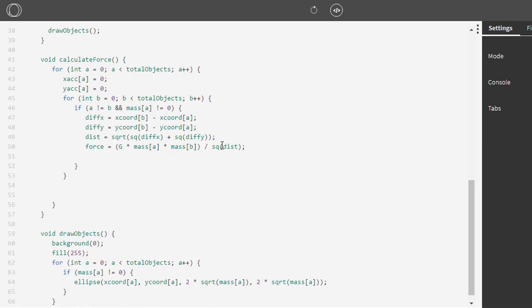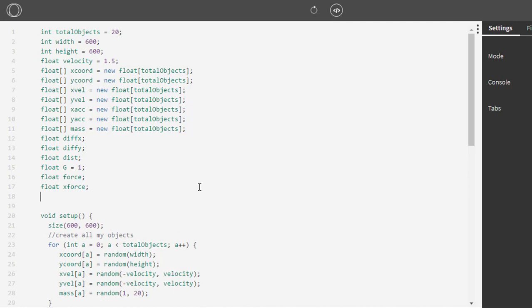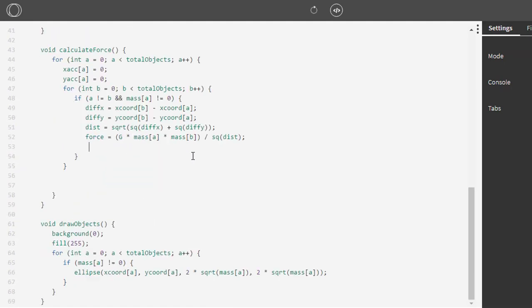So the next thing we need to do is figure out the x and y components of the force. So let's do x force. Normally I could do this all in one calculation, but I wanted to break it apart into pieces to show you what the different parts would be. So our x force is going to be basically a proportion.